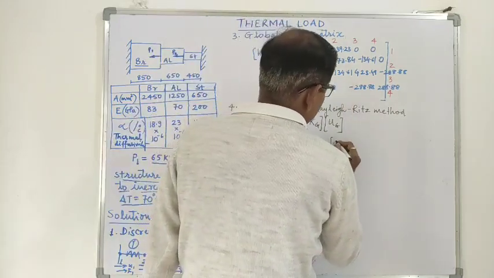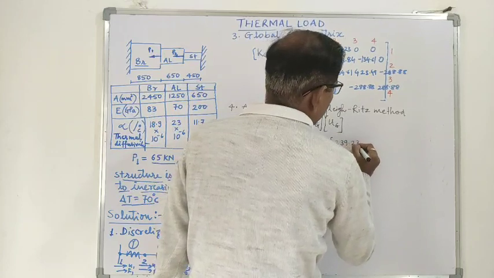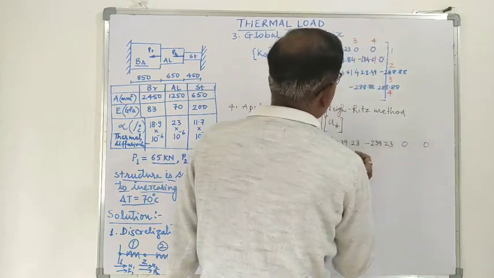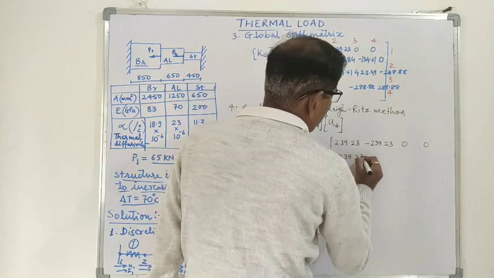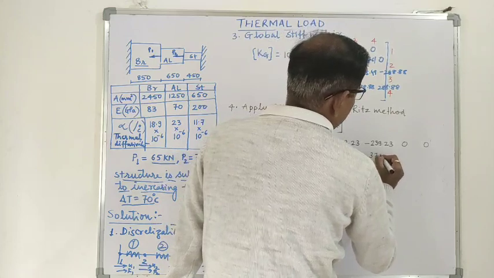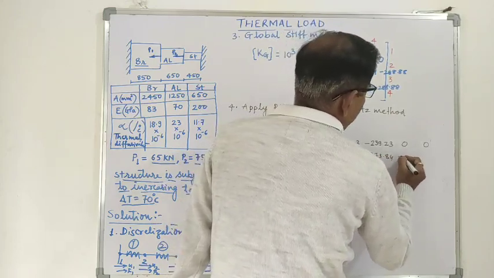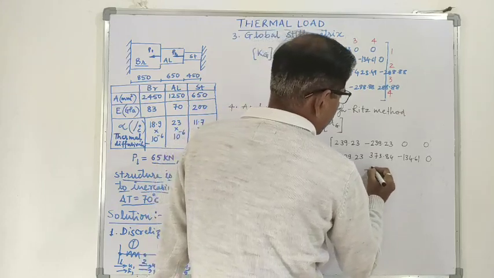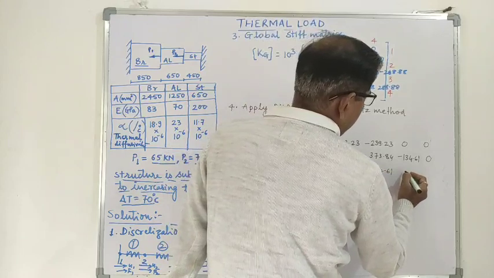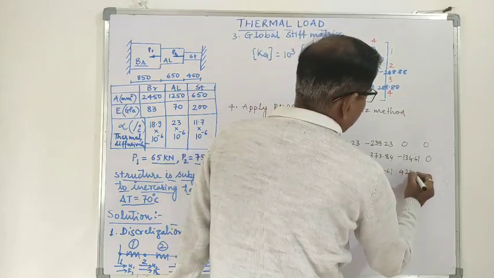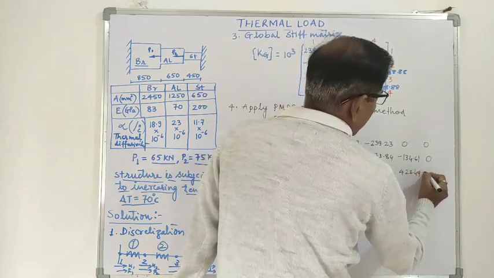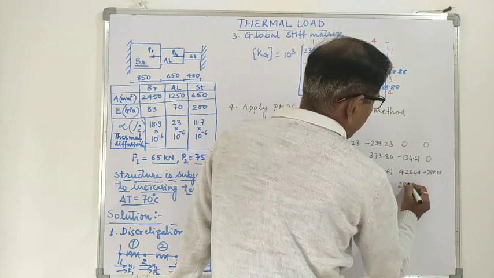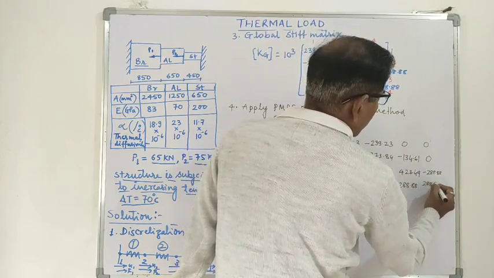This is the stiffness matrix: 239.23, minus 239.23, 0, 0; minus 239.23, 373.84, minus 134.61, 0; 0, minus 134.61, 423.49, minus 288.88; 0, 0, minus 288.88, 288.88.